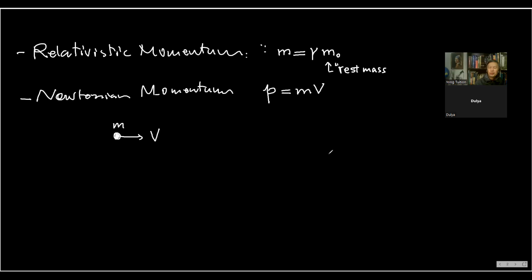Okay. Do you remember gamma? Do you remember the gamma factor? It's gamma equals 1 over the square root of 1 take v squared divided by c squared. So if you substitute this formula here, then we can get the momentum.